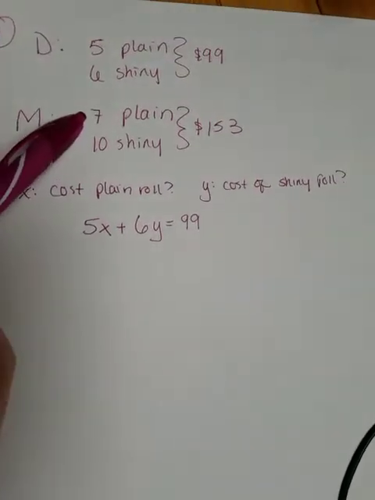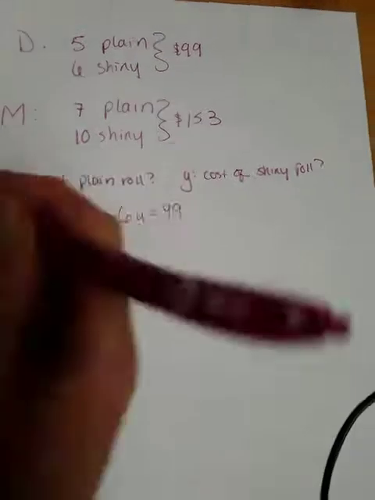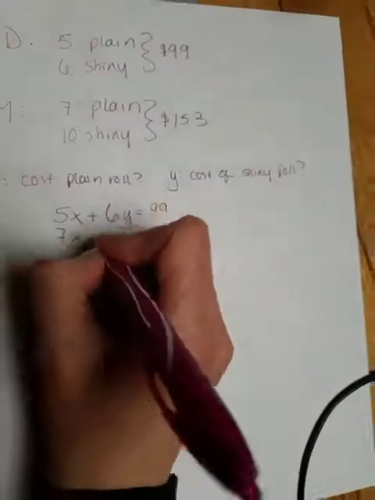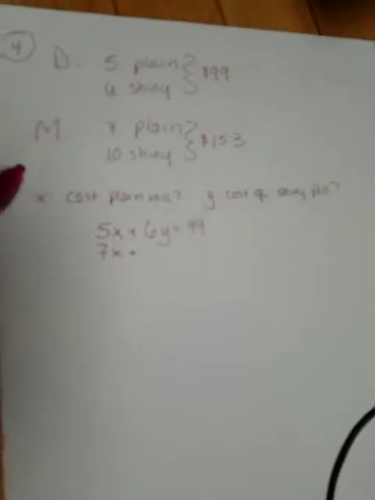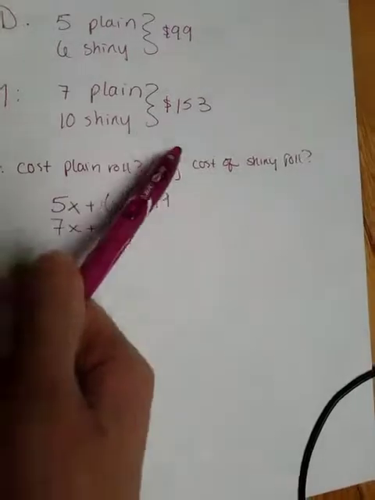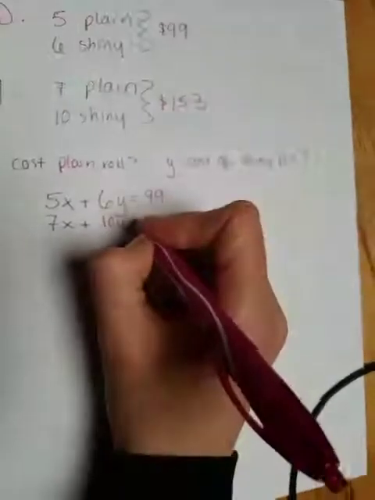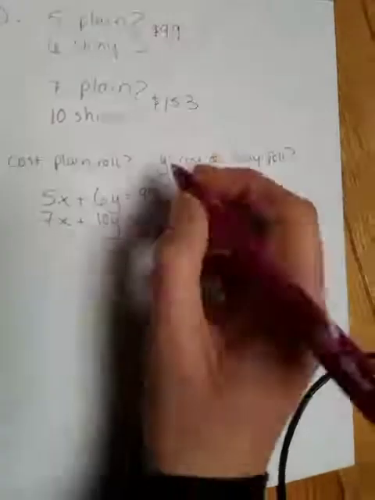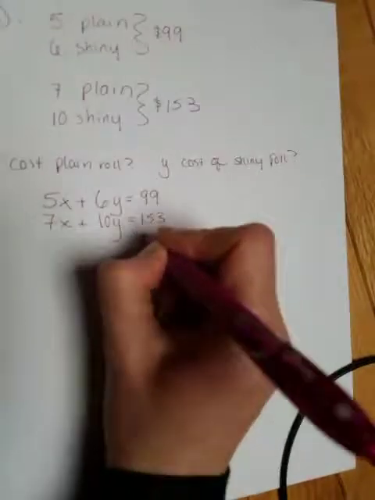She sold 7 plain rolls, so that's going to be 7x, because I let x be the cost of a plain. All right, and then plus 10y, because it was 10 shiny, and I let y be the cost of the shiny roll. And Mary sold $153 worth of product.